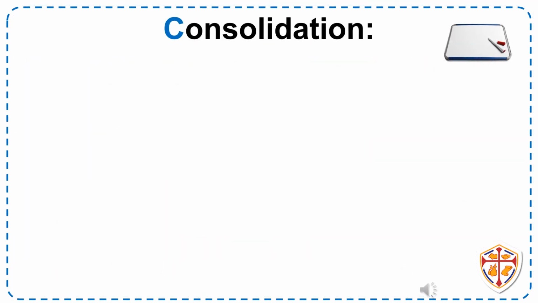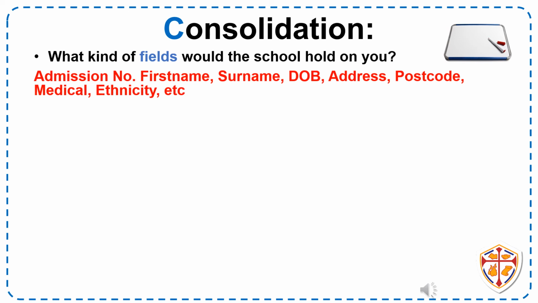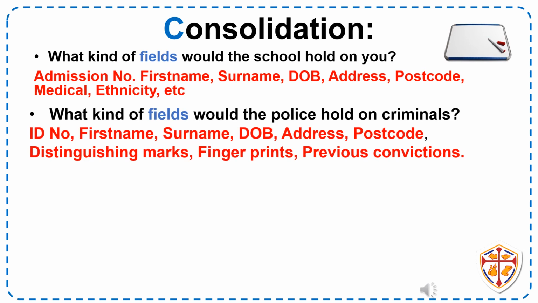Now let's consolidate your learning and answer these questions together. What kinds of fields would the school hold on you? Admission number, first name, surname, date of birth, address, postcode, medical, ethnicity, etc. What kinds of fields would the police hold on criminals?